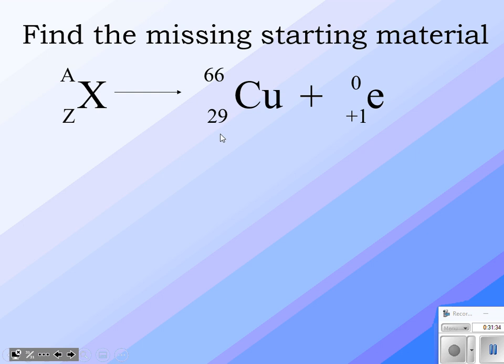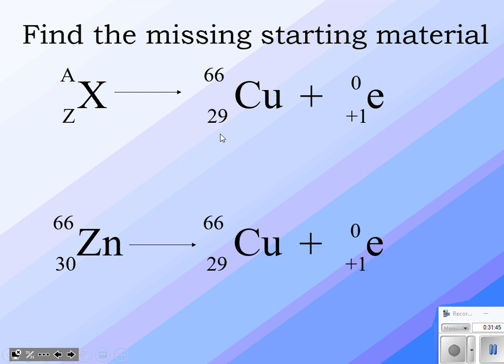So what is element number 30? Zinc. So what's my top number for zinc going to be? 66. Okay? 66, 30 zinc. So this would be zinc 66 if I were talking about which isotope of zinc.